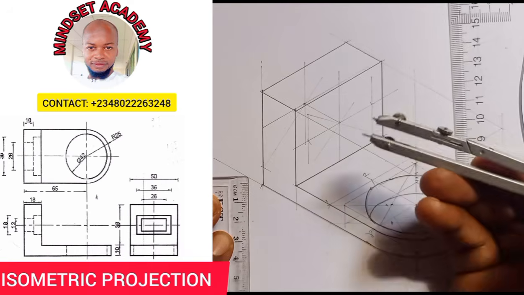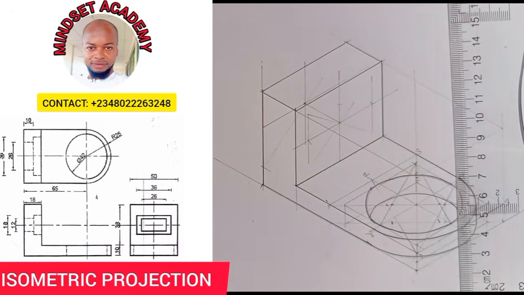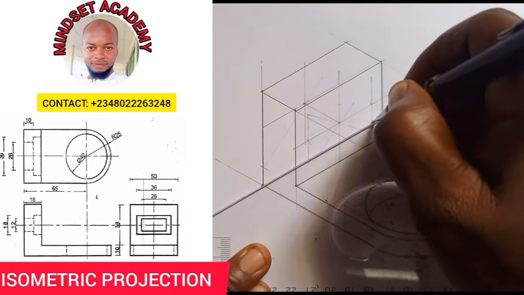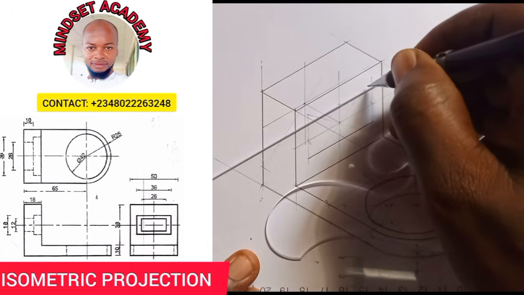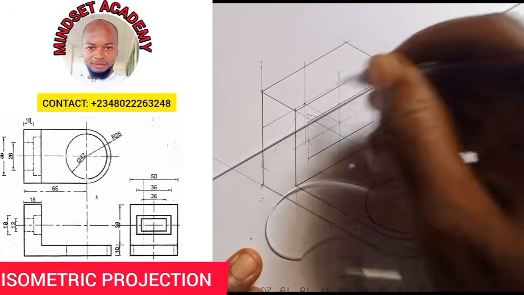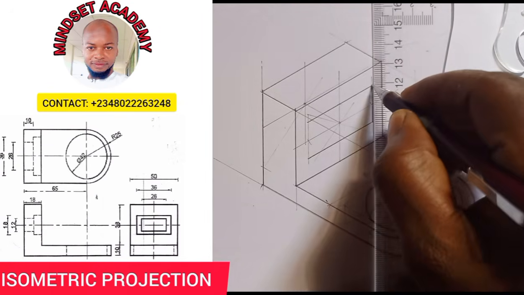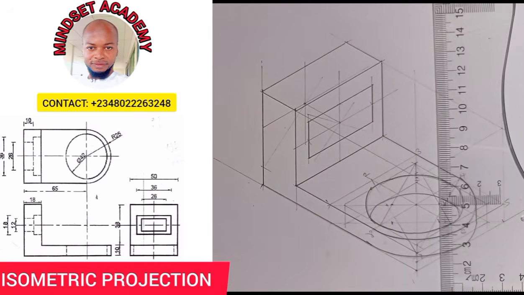So when I place it here, I'll measure 9 and what? 9. Then I can easily close it up with a thick line. You straight down to touch here. Then here, straight down to touch here. And here, close it up. Then you close it up. Can you see that?